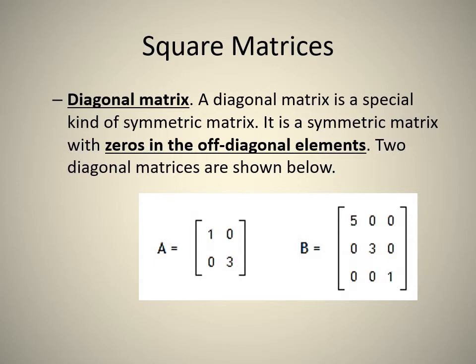So A is then a diagonal matrix, a 2 by 2, with elements on the diagonal and zeros on the off diagonals. B, in this case, is a 3 by 3. You can see on the diagonal 5, 3, and 1, and off diagonally only zeros. So again, a square matrix, a symmetrical matrix, but a diagonal matrix. So a diagonal matrix will always be symmetrical because you only have zeros on the off diagonals.